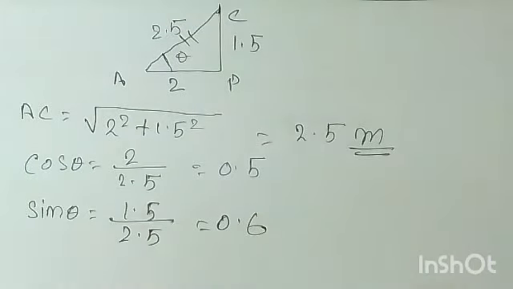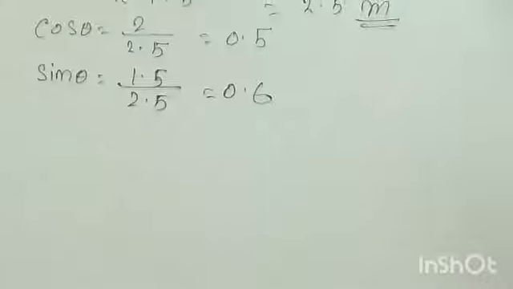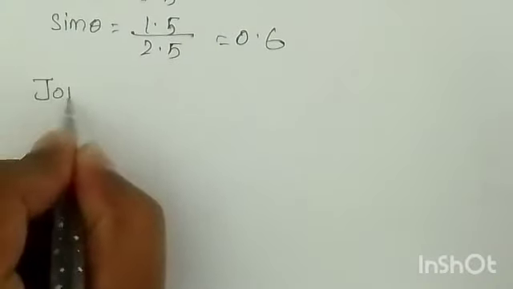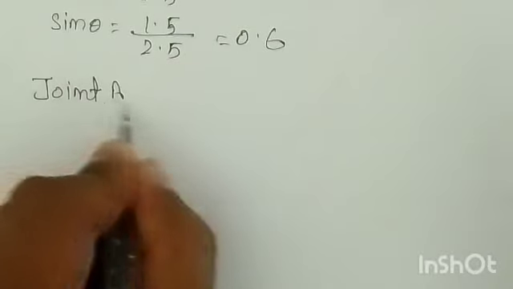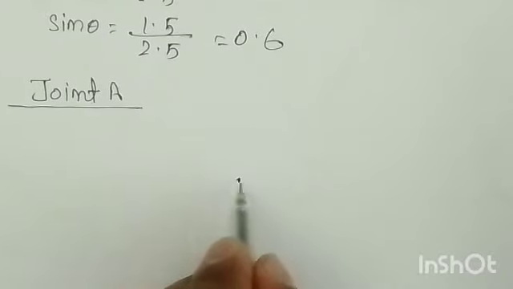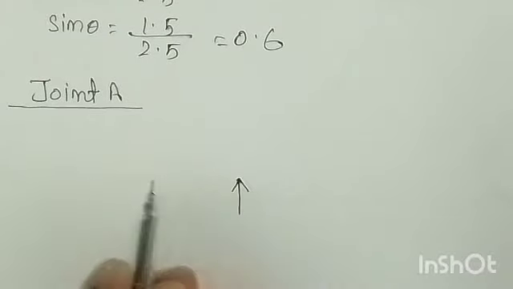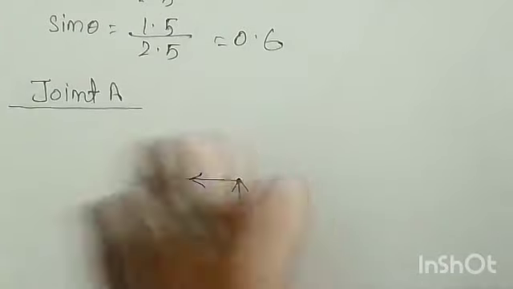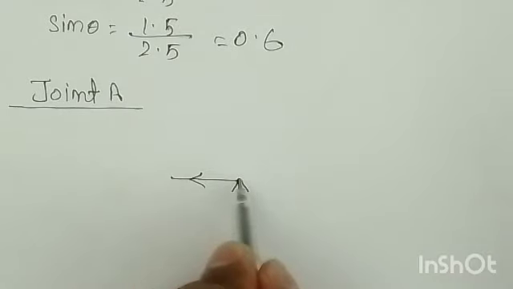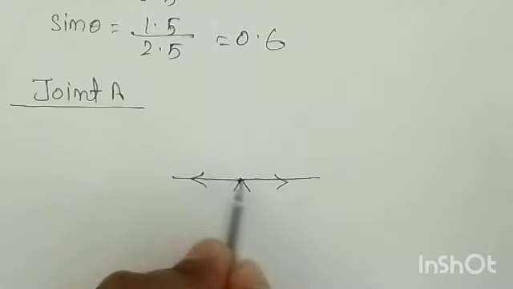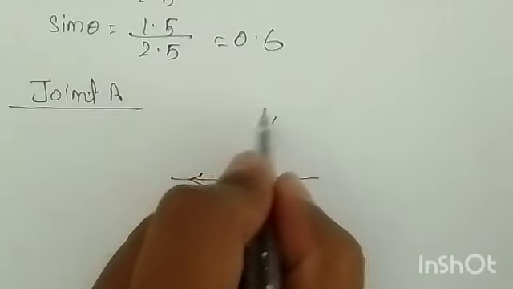So first I am taking the joint A. So now you can say here joint A, right? How does joint A look like? Let's say this is the joint A, this is the vertical reaction, that is the horizontal reaction, this is towards left, and this is the horizontal member in which tensile force will act, and this is the inclined member, this is the C, right?